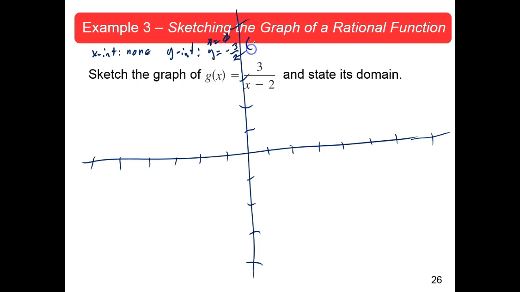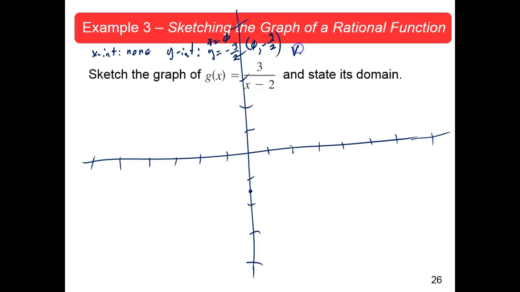So that makes an ordered pair 0, negative 3 halves. So where is that? Down 1.5. Exactly. Negative 1.5. That's a y-intercept. Okay? What you want to do next?